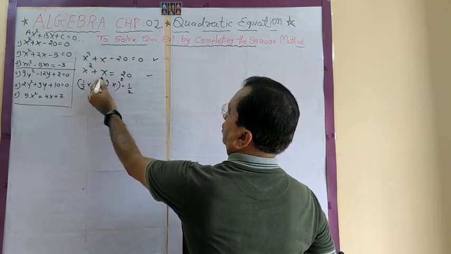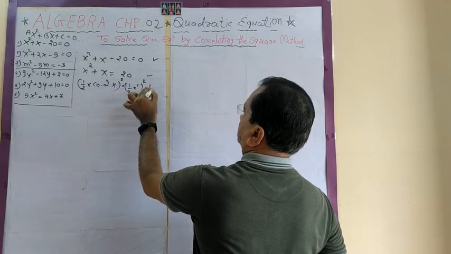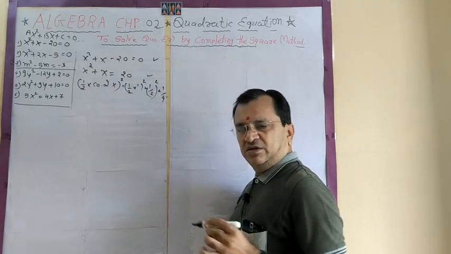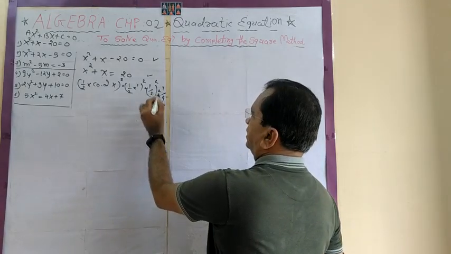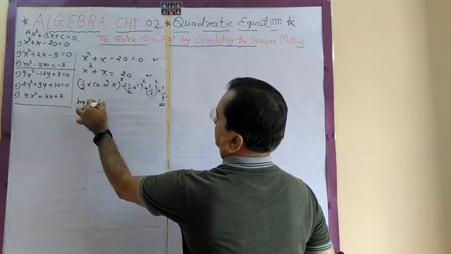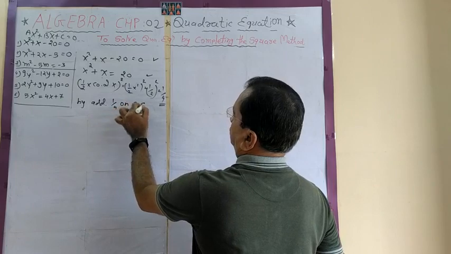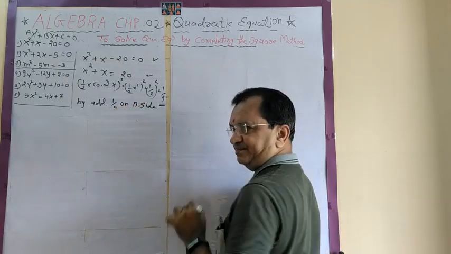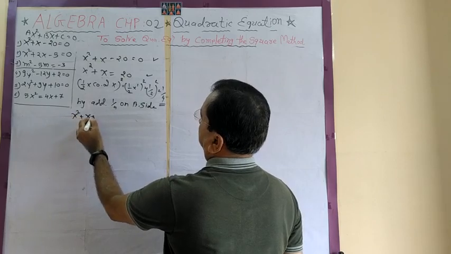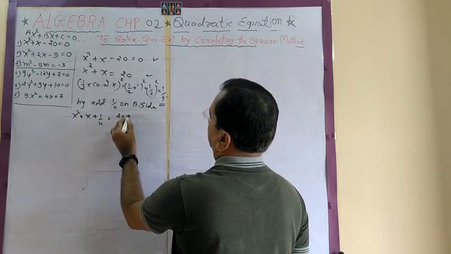What is the coefficient of x? It is 1. Square, that is 1 by 2 square, it is 1 by 4. Whatever answer you are getting, you have to add it in the previous equation on both the sides. So x square plus x plus 1 by 4 is equal to 20 plus 1 by 4.